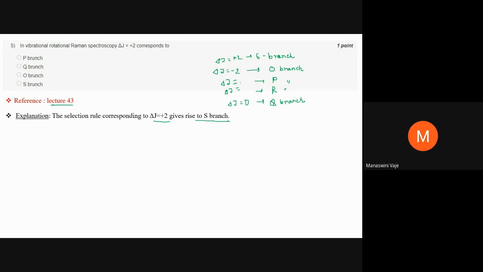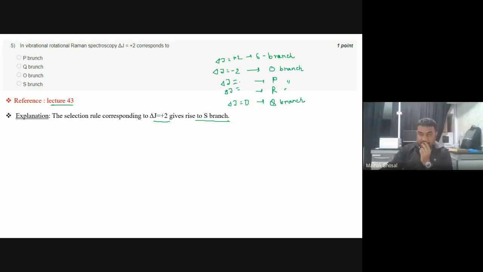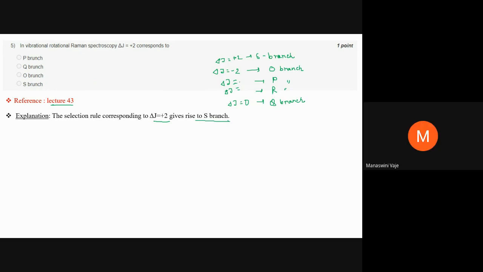Minus 1. Which one is minus 1? P is minus 1 or plus 1? P is plus 1, R is minus 1. Yes, sure?